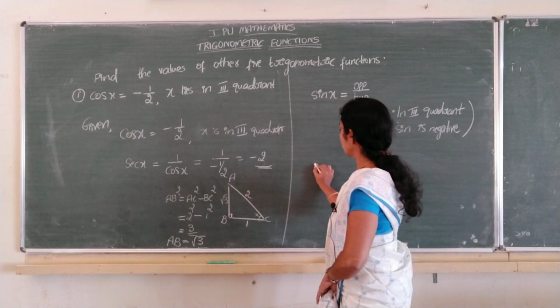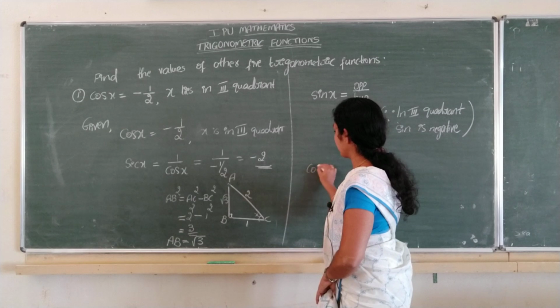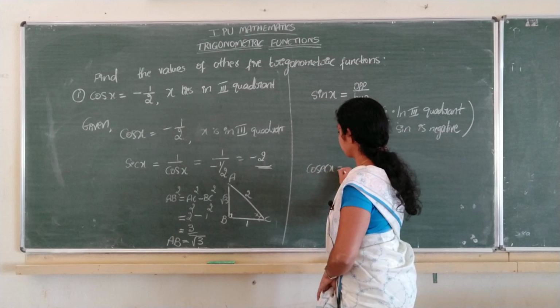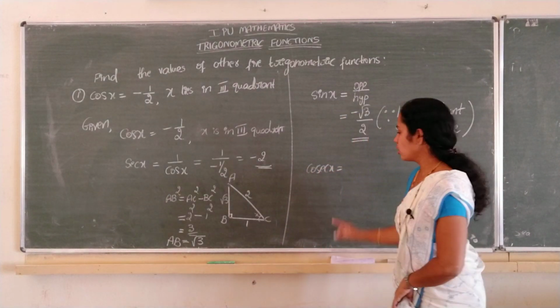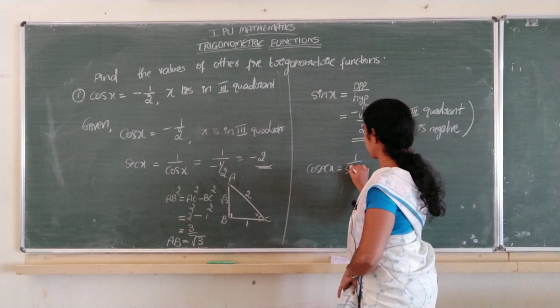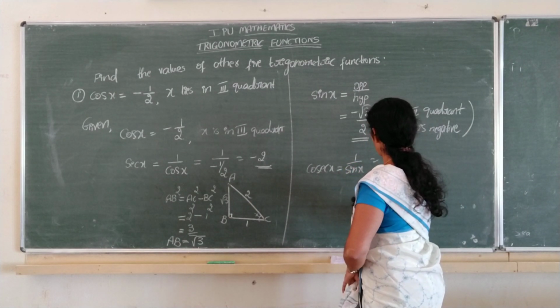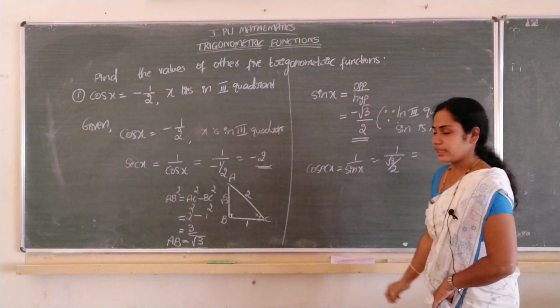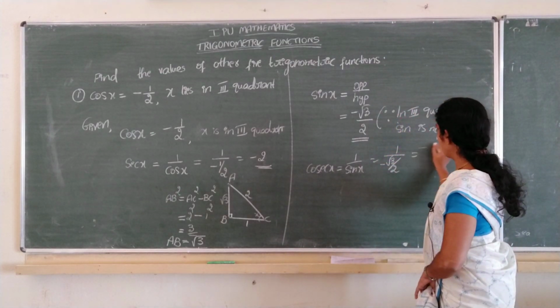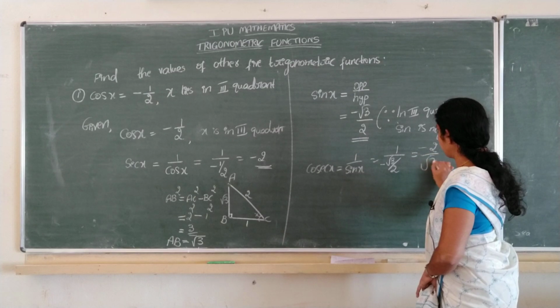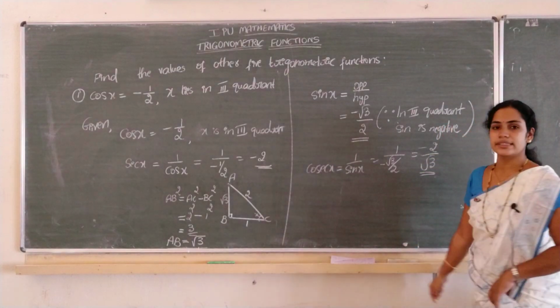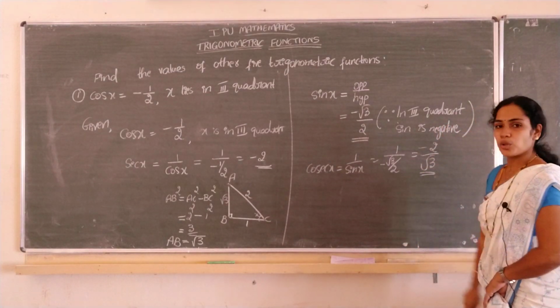Then which function we can write directly here? Cosec x. What is cosec x? Cosec x is 1 by sin x, that is 1 by minus root 3 by 2, that is minus 2 divided by root 3.